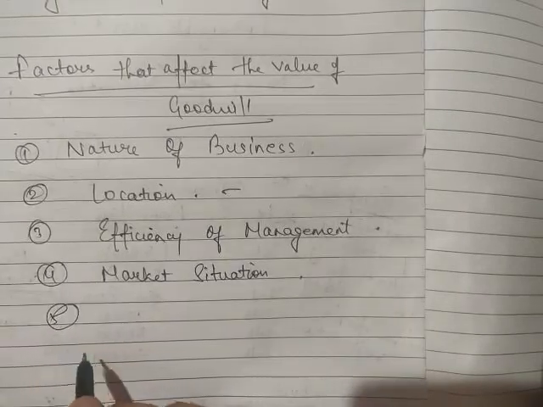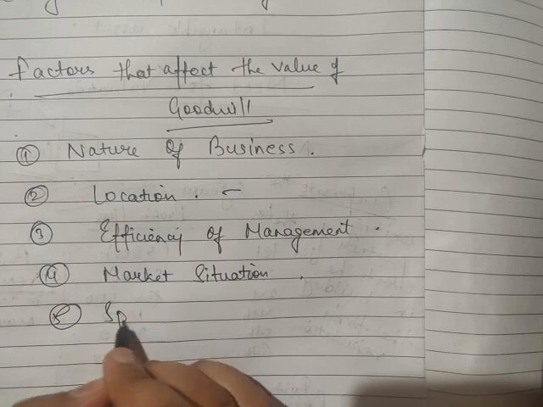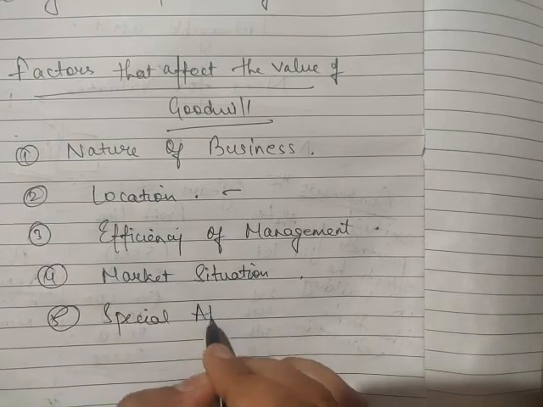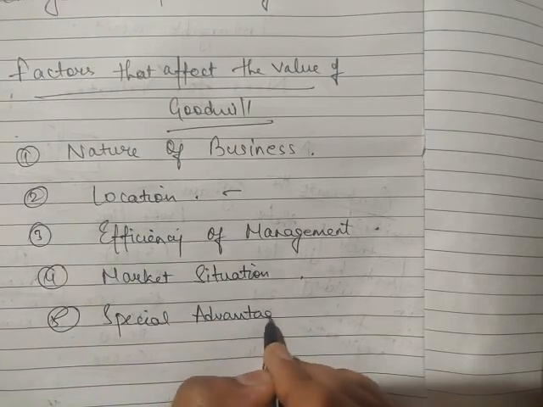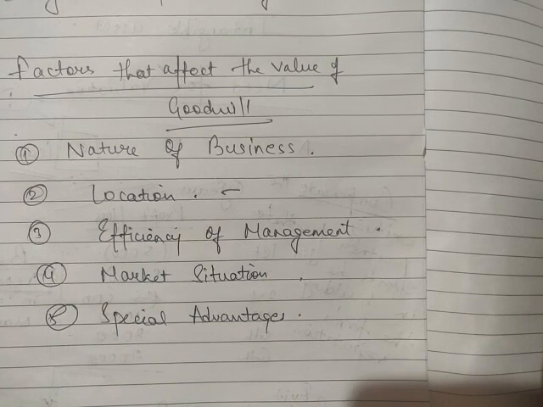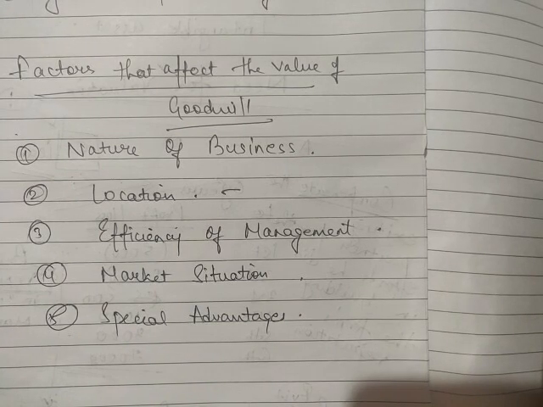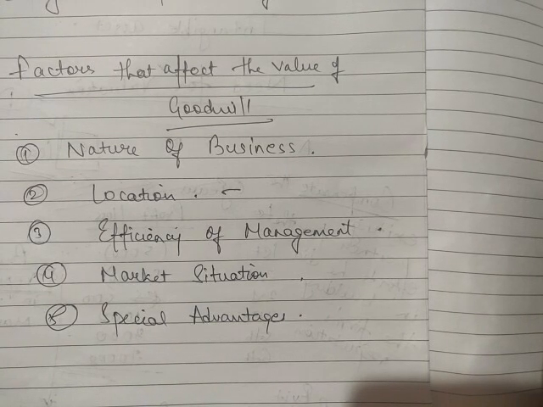Last, we have special advantages. Suppose there is a product for which a unique technology is used and a company has patented that technology. Now, since the technology is patented, no other company or firm can use it.